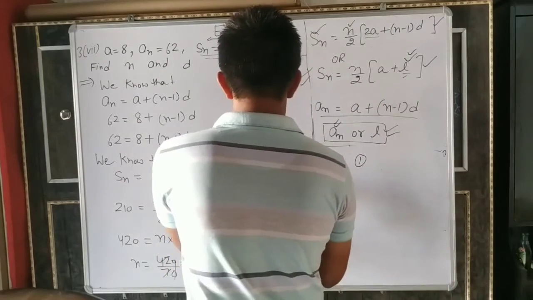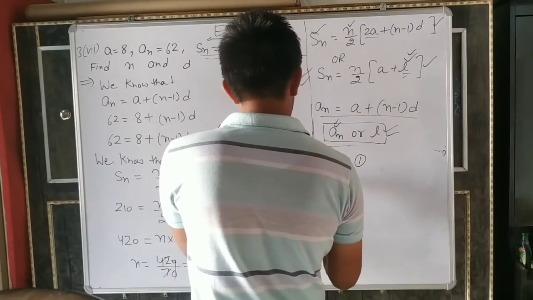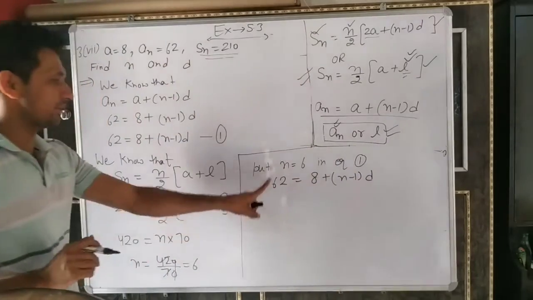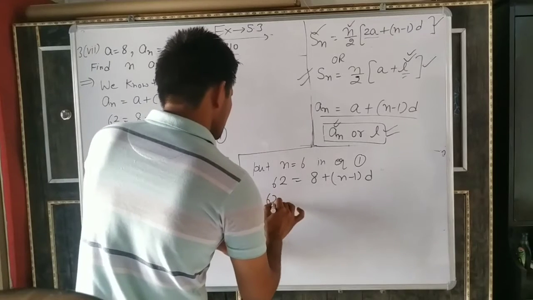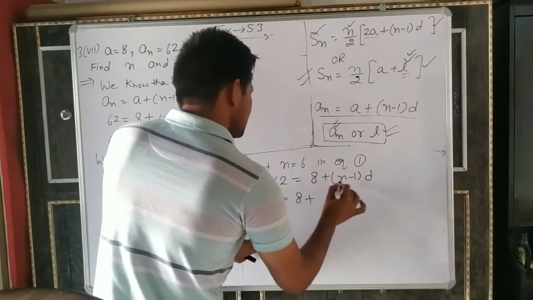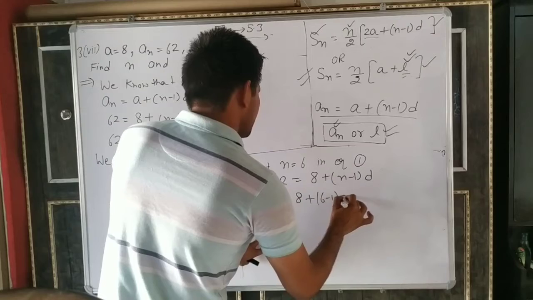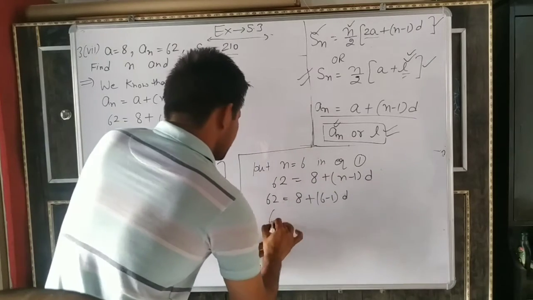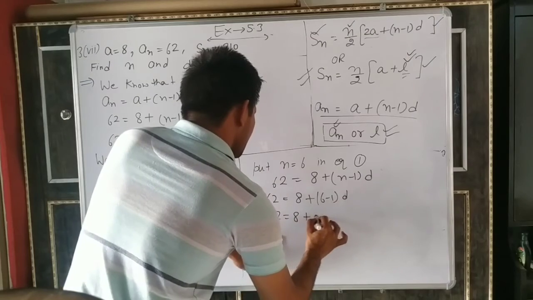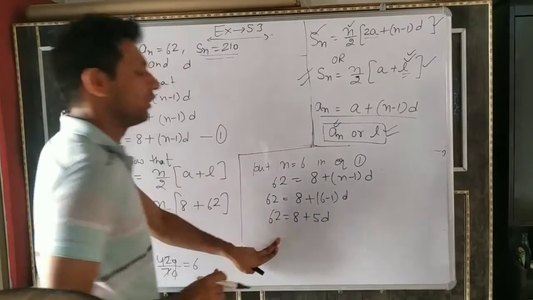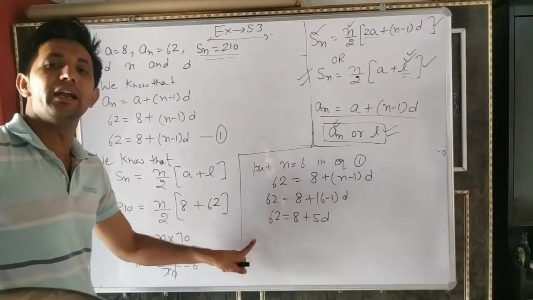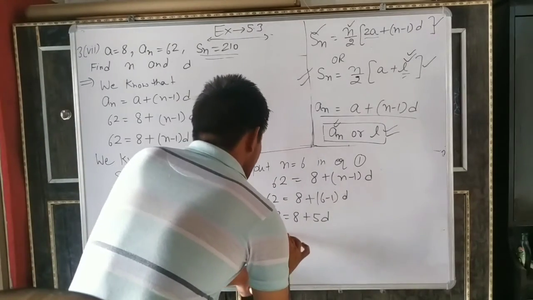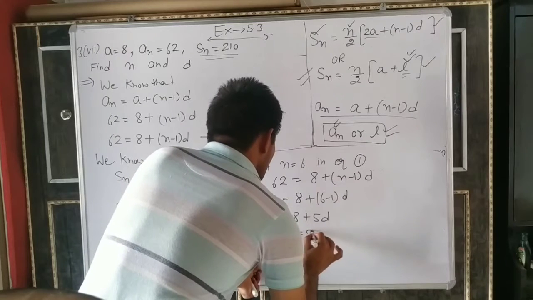So it is equation 1. 62 equal to 8 plus n minus 1 into d. It is the first equation. n is 6. 8 plus 6 minus 1 into d. 62 equals 8 plus 5d. We want to find the d value. Take 8 to the other side: 62 minus 8 equal to 5d.